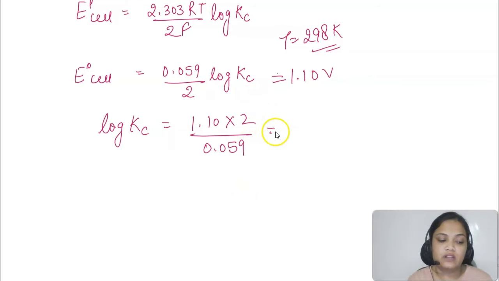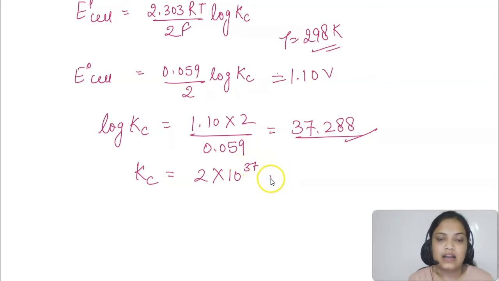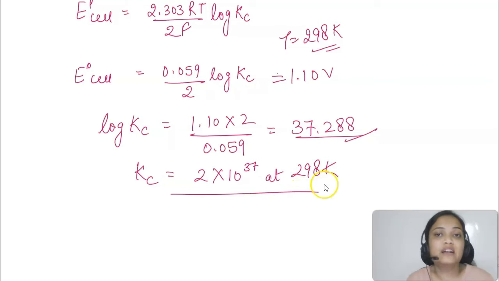So it will be 2.10 into 10 to the power minus 37. Okay, sorry, not minus, 10 to the power 37. Yes, at 298 Kelvin. So from here you see we have calculated the equilibrium constant for this reaction.